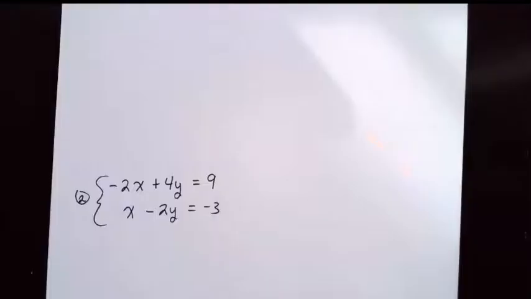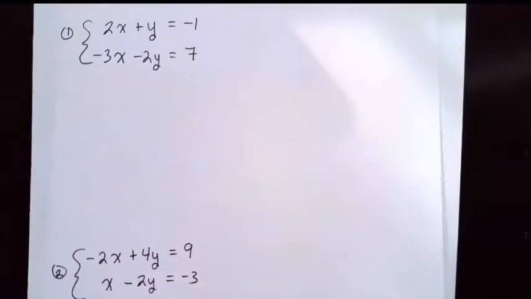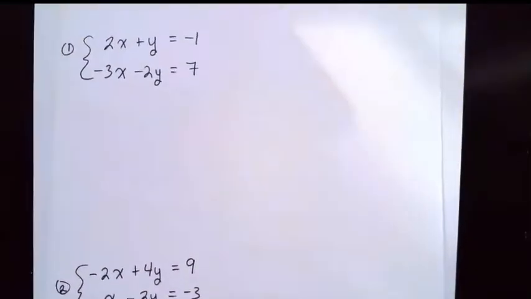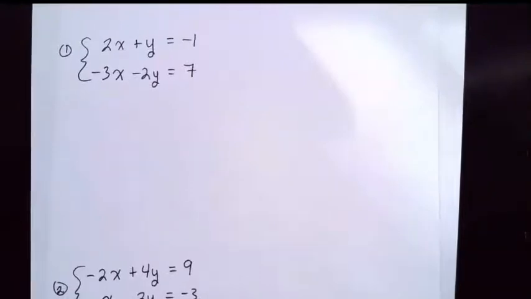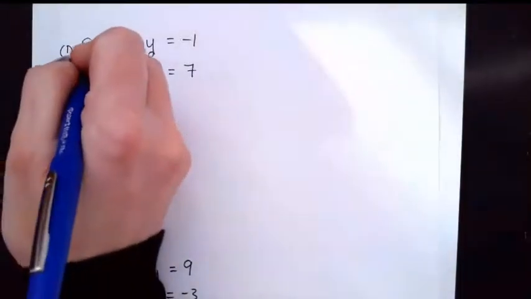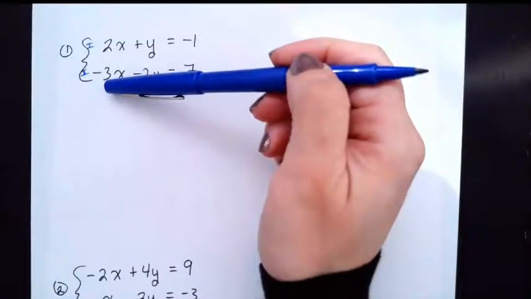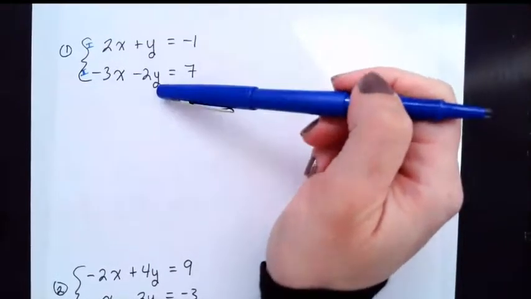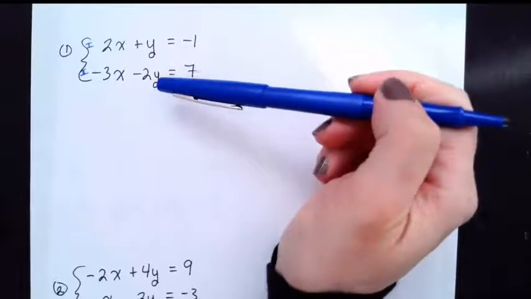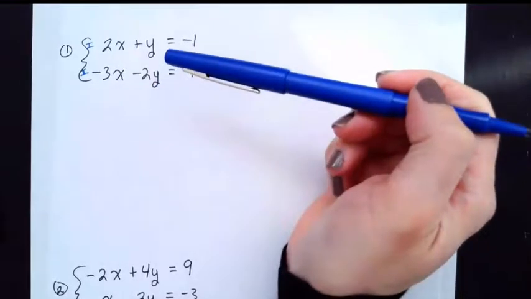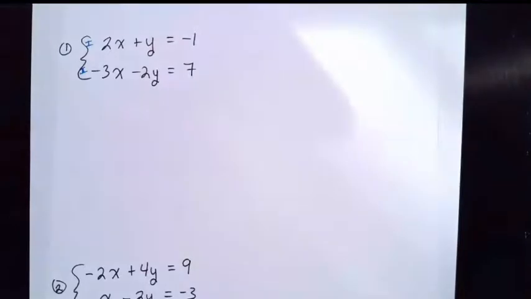Let's take a look at the first example. So here we have 2x + y = -1 and -3x - 2y = 7. One thing that I do first, before I decide whether I'm using substitution or elimination, is see if I already have opposite coefficients. The coefficients for x are not opposites, the coefficients for y are not opposites. Then I might have to decide, well, do I want to use substitution?